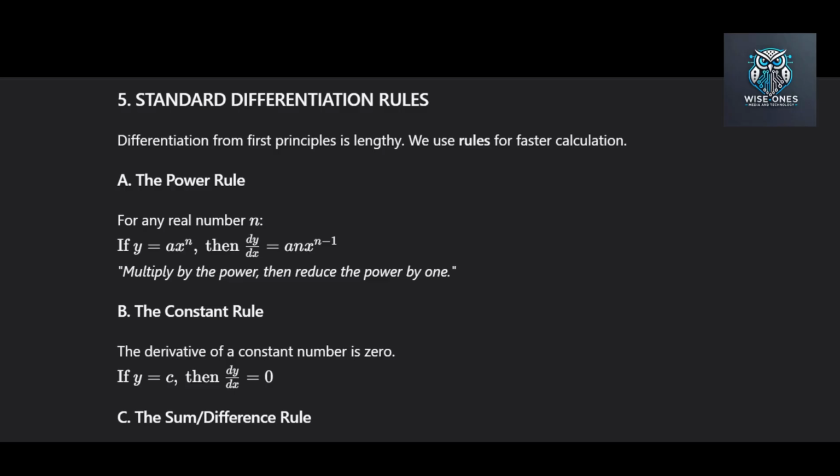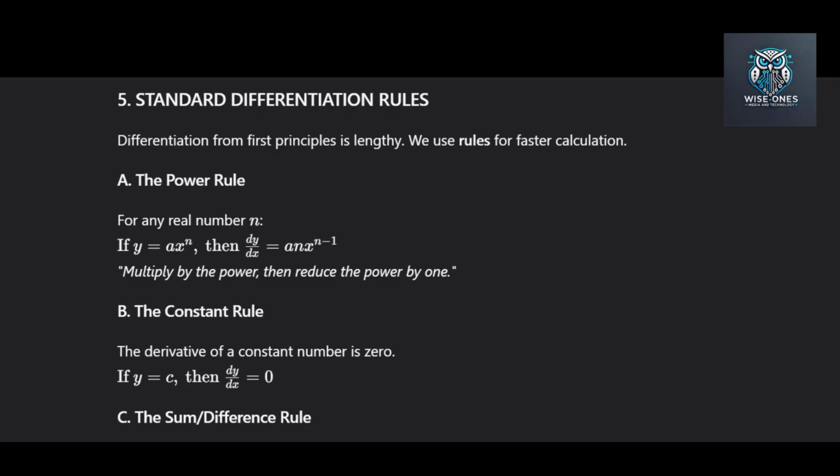Power becomes 1. So 6x. Second term, minus 5x. The power of x is 1. Bring down 1. 5 times 1 is 5. Power becomes 0. x to the power of 0 is 1. So minus 5. Third term, plus 2, constant. Derivative is 0. So dy/dx equals 6x minus 5.